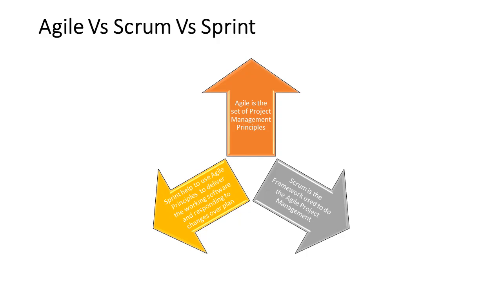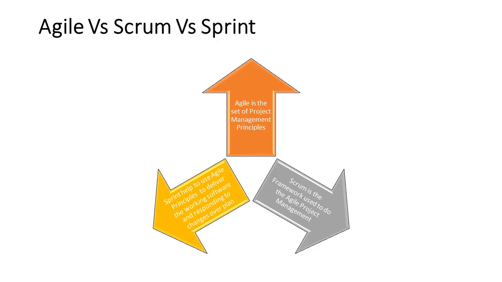Scrum is a specific framework within the Agile philosophy that provides structured roles, events, and artifacts to help teams manage and execute projects effectively. It outlines how to organize work into manageable units called sprints, which are time boxed periods focused on delivering functional product increments.